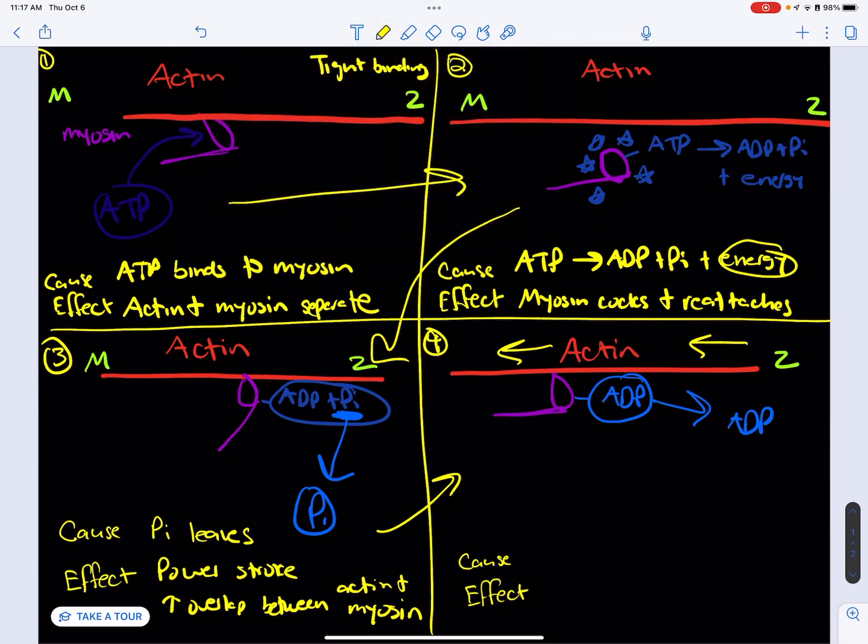The cause is ADP leaves, and then we go to tight binding or rigor, which is our first step. So we go back to step 1, and that is how the sliding filament theory or cross-bridge cycling works.